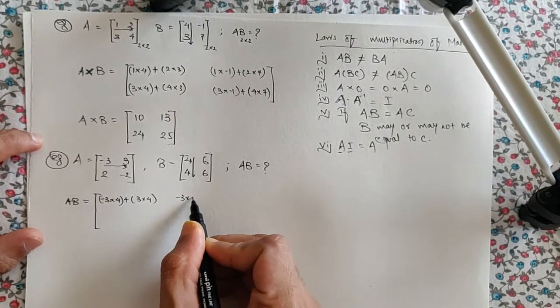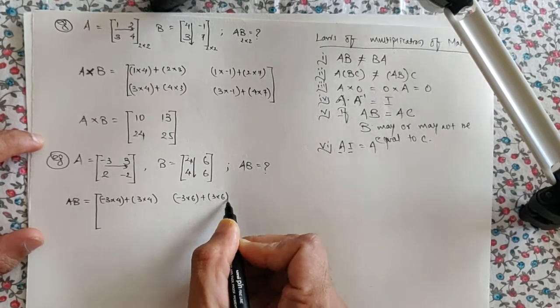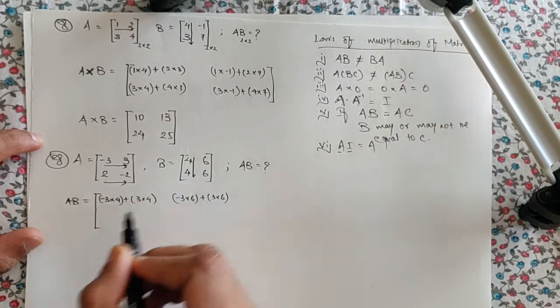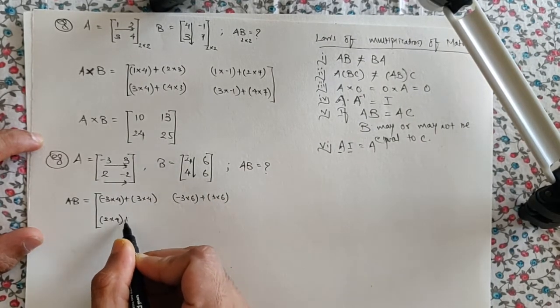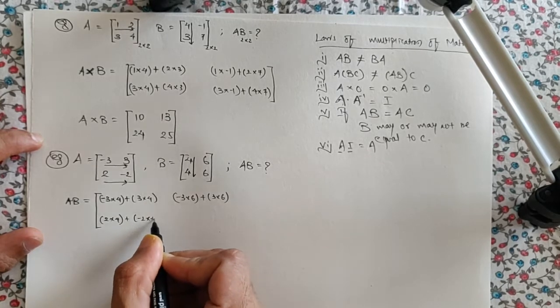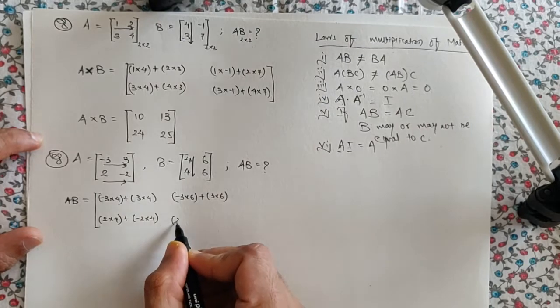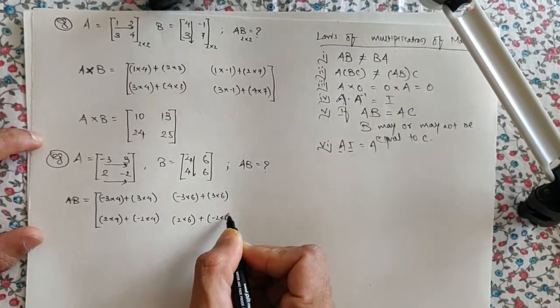Minus 3 into 6 plus 3 into 6. Then the second row with the first column. 2 into 4 plus minus 2 into 4. Then the second row with the second column. 2 into 6 plus minus 2 into 6.